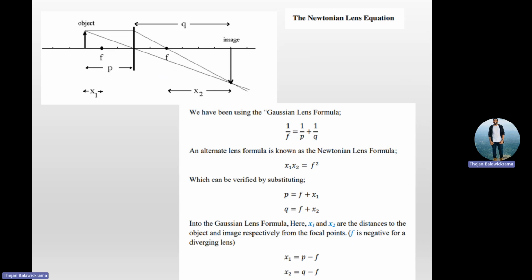P can be written as f plus x1, Q can be written as f plus x2. So substituting x1 and x2, the multiplication of x1 and x2 should be equal to f squared.